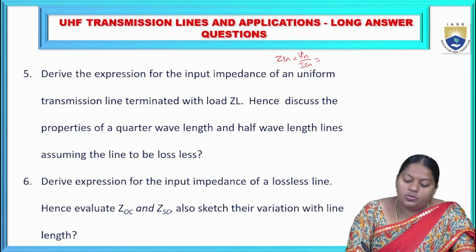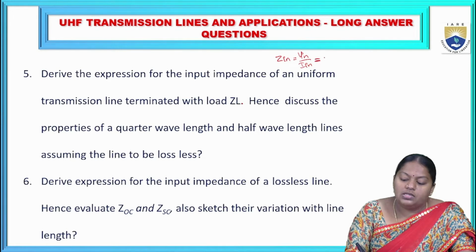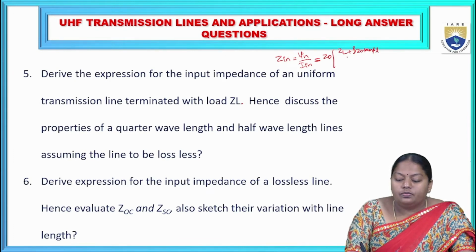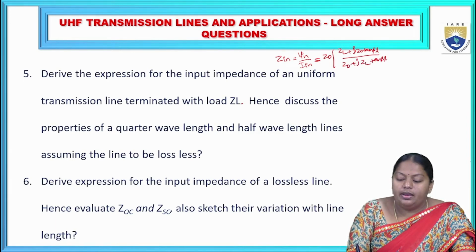For a lossless line, Zin is given by Z0 into ZL plus j Z0 tan beta L by Z0 plus j ZL tan beta L.